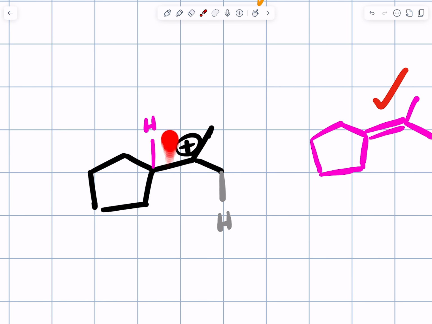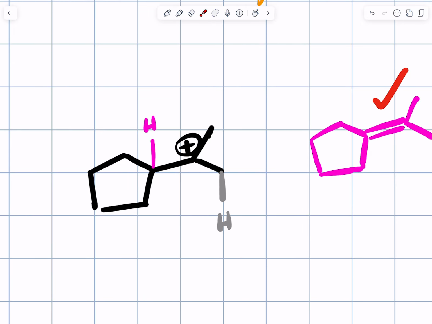So the question is, could the pink hydride move over and put the positive charge here? That would be a rearrangement of a tertiary carbocation to another tertiary carbocation. Such things are known in chemistry. They actually happen a lot. But I'm not going to have you predict them because you're not going downhill in energy.